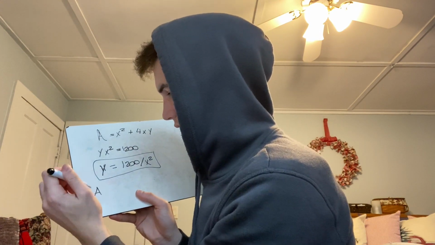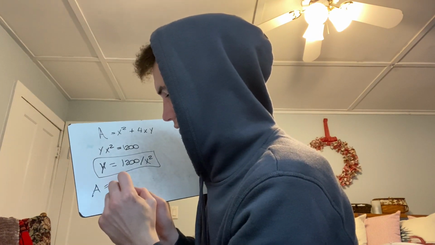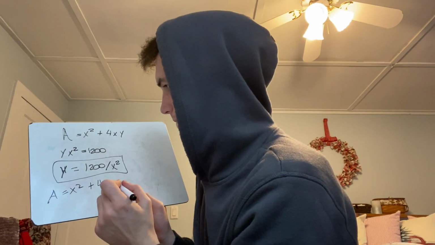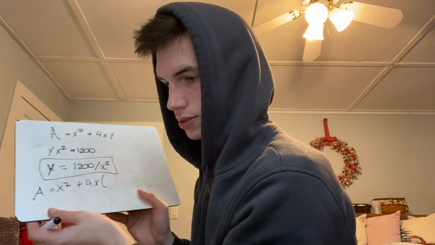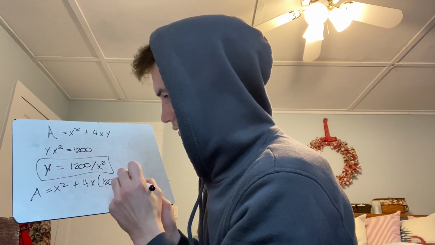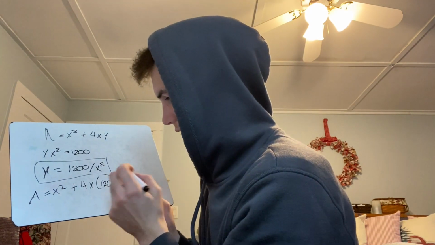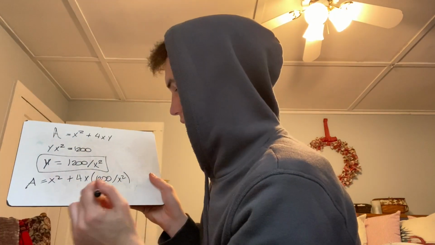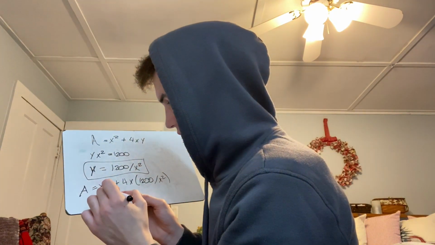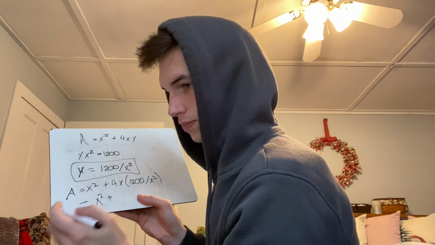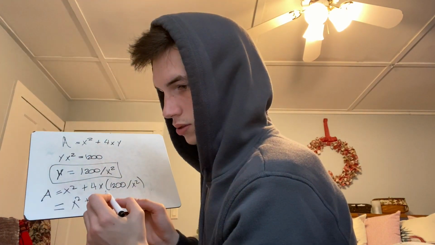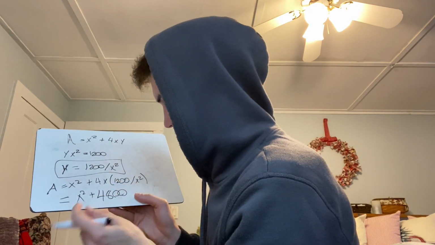So area equals x squared plus 4x times 1,200 divided by x squared. This is equal to x squared plus 4,800 divided by x.